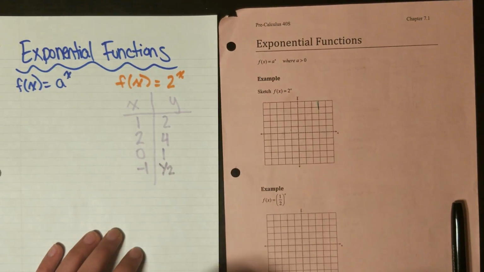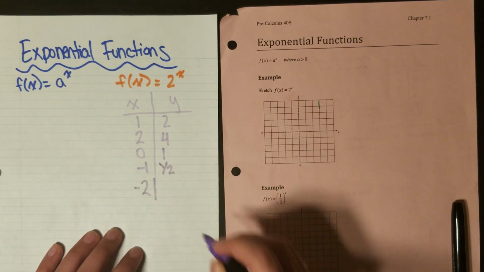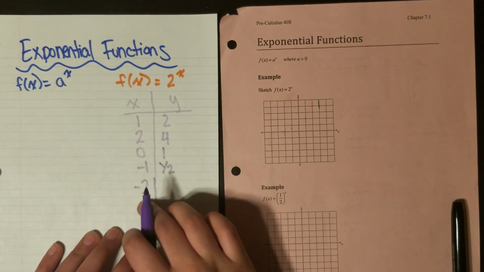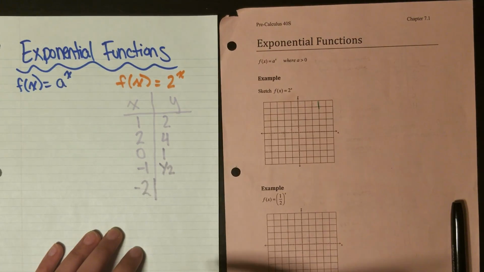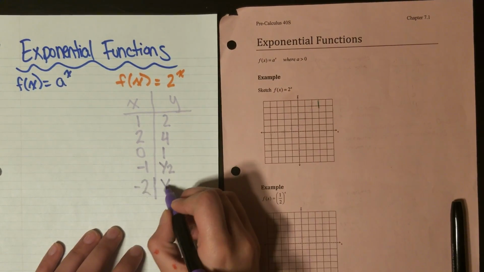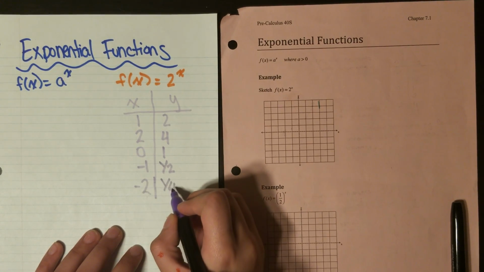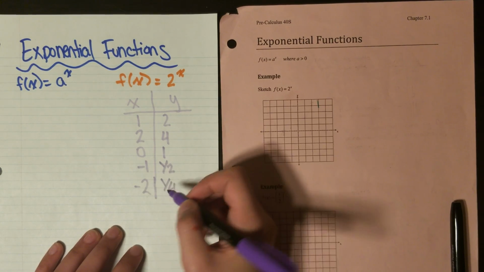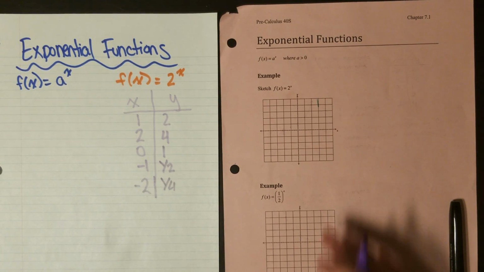So it reciprocated it. So now it's 1/2. But what if I had -2? If I had -2, the first thing I would do is reciprocate it, so it'd be 1/2, and then I'd square the 1/2 to get 1/4. Because 1/2 squared is 1/4. 2 times 2 is 4, 1 times 1 is 1. Okay, so now I have all these points.